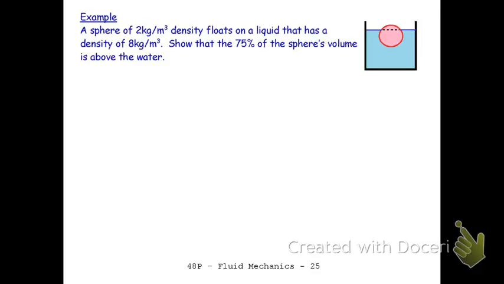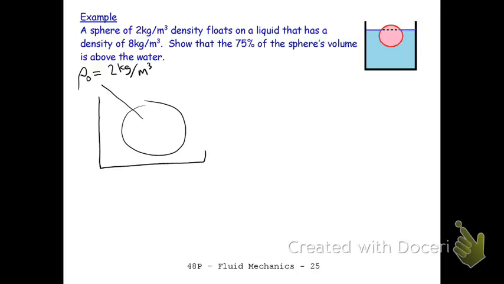A sphere, here's my sphere, with density of the object equal to 2 kilograms per meter cubed, floats on a liquid with density of the fluid equal to 8 kilograms per meter cubed. Show that 75% of the volume is above the water.